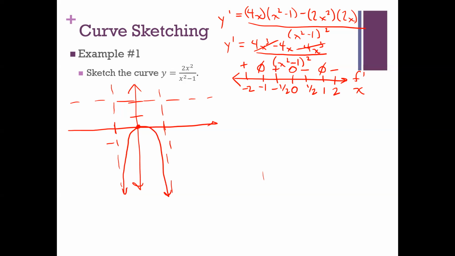You're very close, but I'm nitpicking your word choice. We don't know that the slope is increasing, we know the slope is what? It's positive, right? We know the function's increasing. And just to tell you why I'm nitpicking you: the slope is positive everywhere on this side of this asymptote.